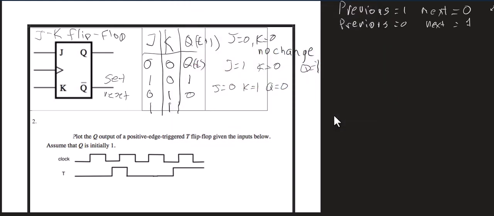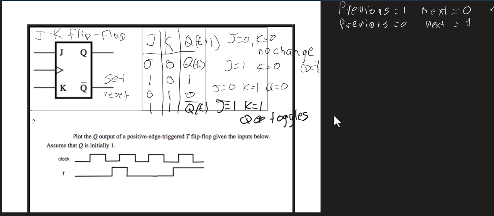And if J and K are both 1, then the output is the complement. So J equals 1, K equals 1, then Q toggles.